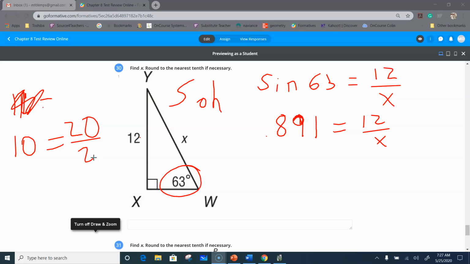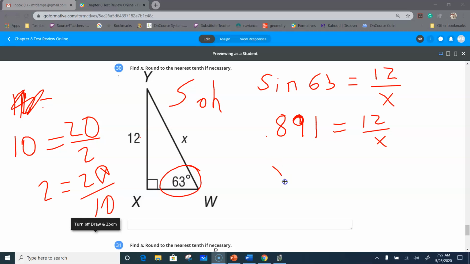So I can just switch those and write another truth statement that reads 2 is equal to 20 over 10. Both are truth statements.